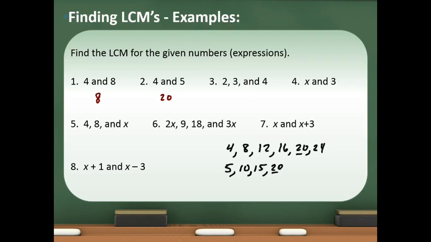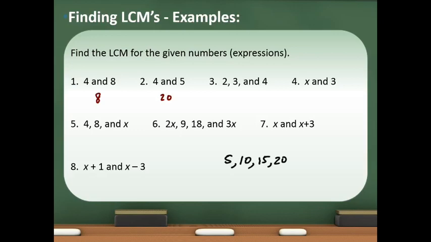Now, we actually have a shorter way to do this. The way I like to do it is let's just look at the multiples of the bigger number, which is 5. So 5 is not divisible by 4, so we'll move on. Neither is 10. 15 is not divisible by 4.